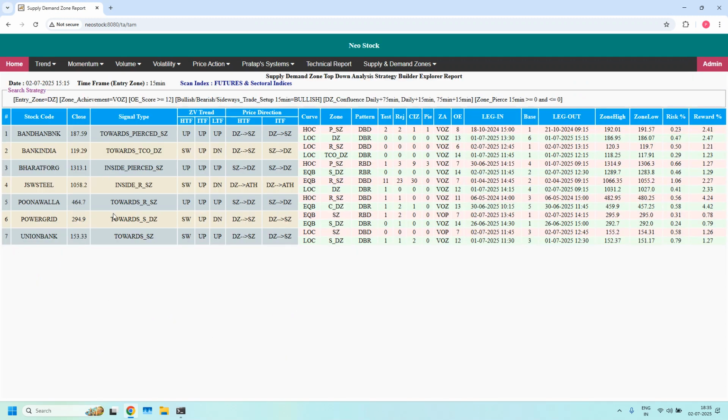So in these 7 stocks, the 15 minutes demand zones are overlapped with the 75 minutes demand zone. Again, both together overlapped with the daily demand zone in all these stocks.